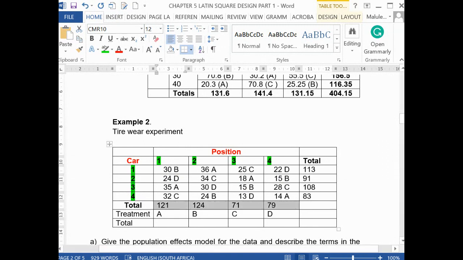Musibudi, give me the sum of the treatments. Okay, for A it's 103. And then for B it's 84. Sir, sorry, for position 1, it's not 121, it's 131.